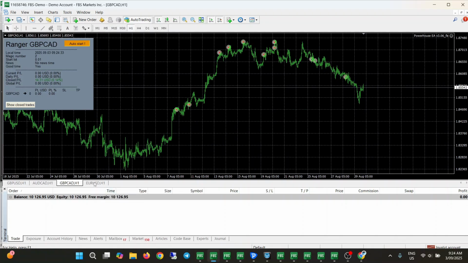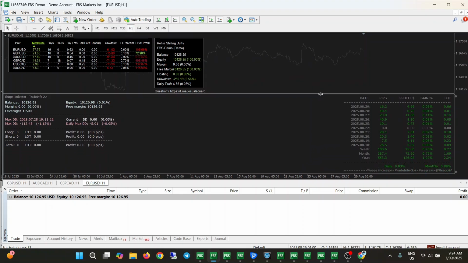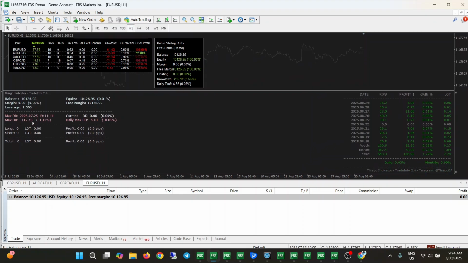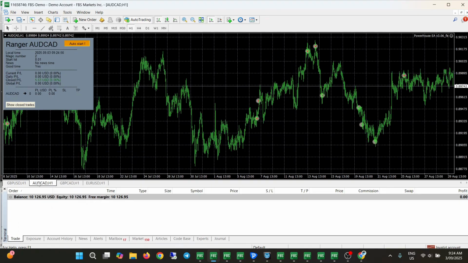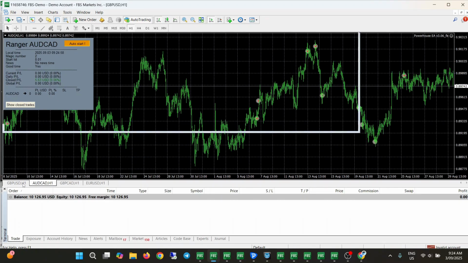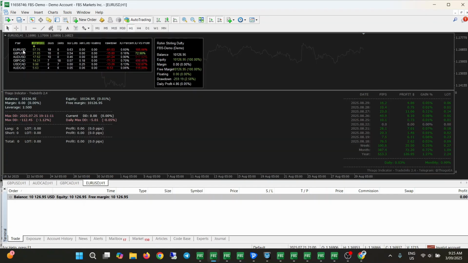It was a 10k account in this case, and this is the absolute lowest risk that this EA does. For the time, its max drawdown was negative 112, and its profit was $126. So it's pretty solid for these two: Ranger Pound CAD and Ranger AD CAD, and then we've got CBK, which trades all of these pairs here, which is why you're seeing a lot more pairs than what I've got here.